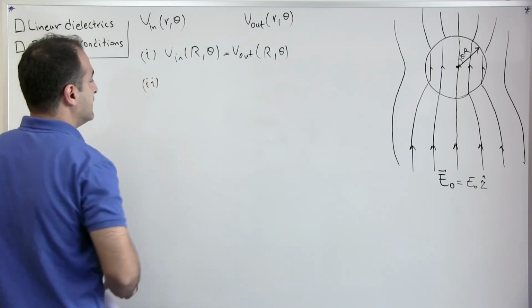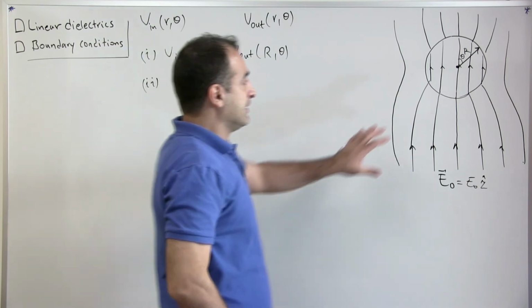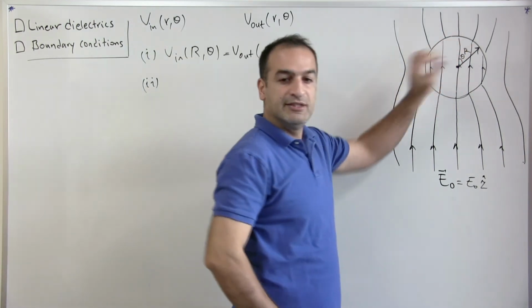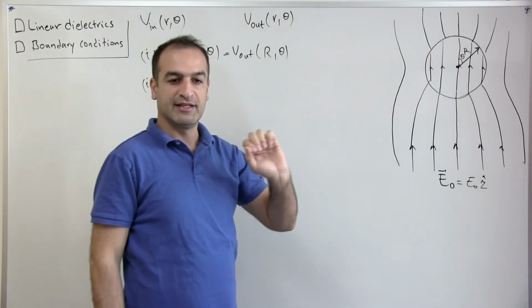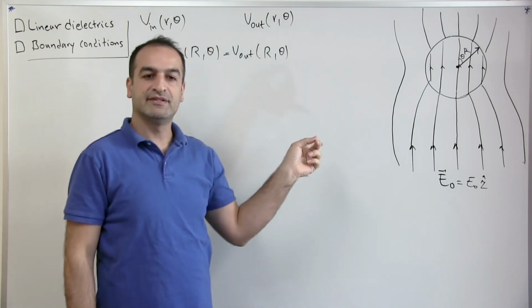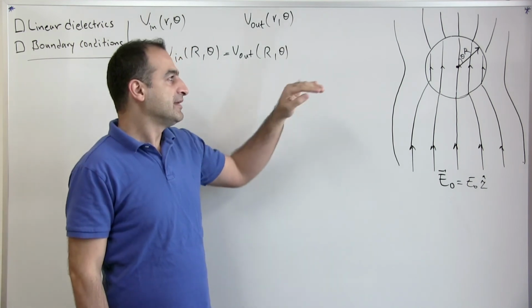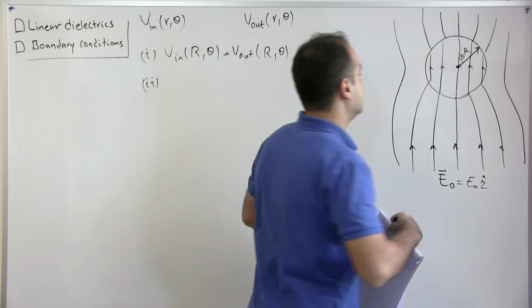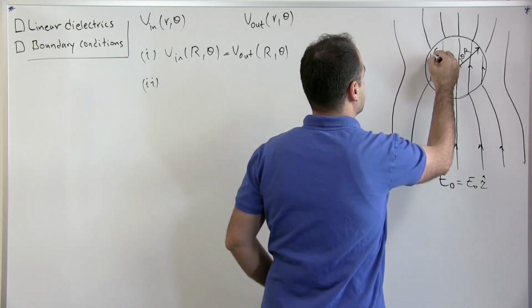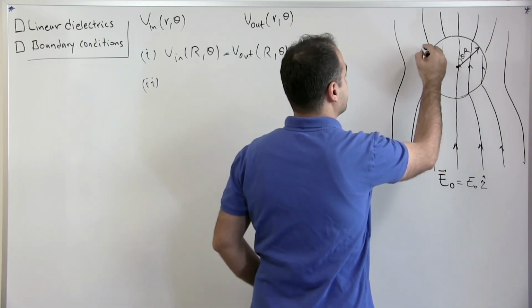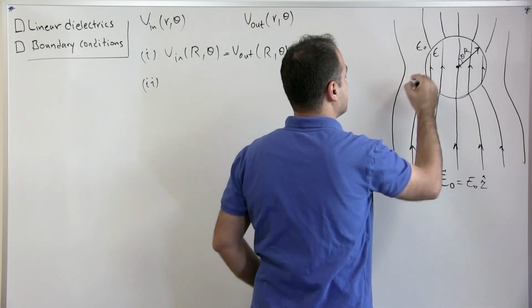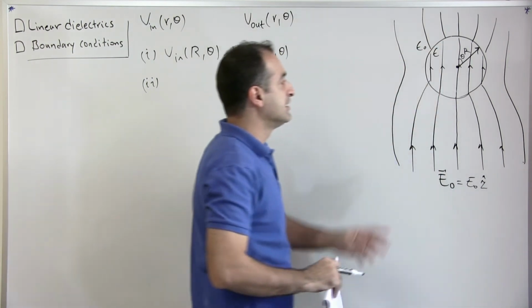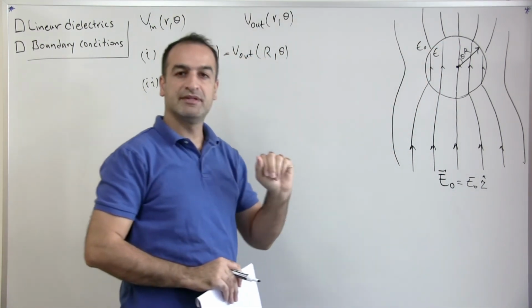Number two is the discontinuity of the electric field. Following the previous example, we have dielectric material here, with permittivity epsilon. We have free space with permittivity epsilon naught, two different levels of permittivity.